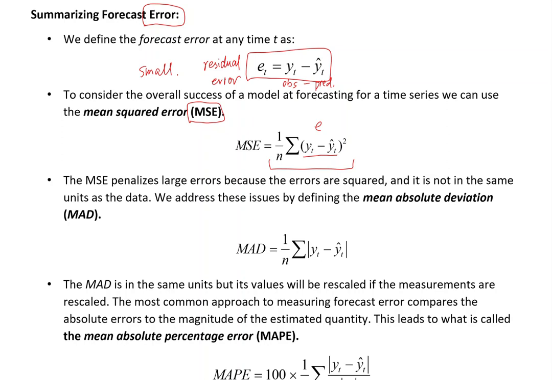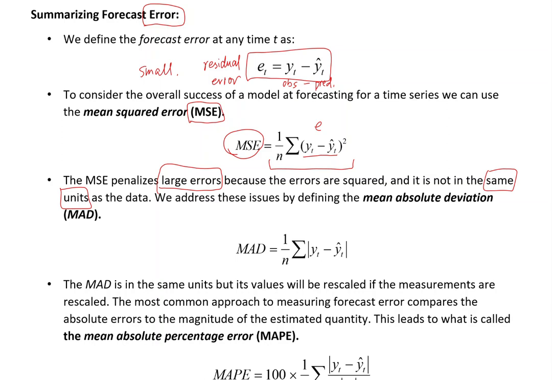So that means this MSE has its own disadvantages, right? So first is that it penalizes the large error, and also we need to keep the same unit. If they are not in the same unit, you cannot compare the MSE, right?